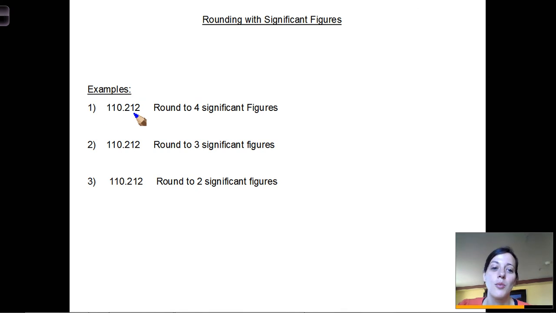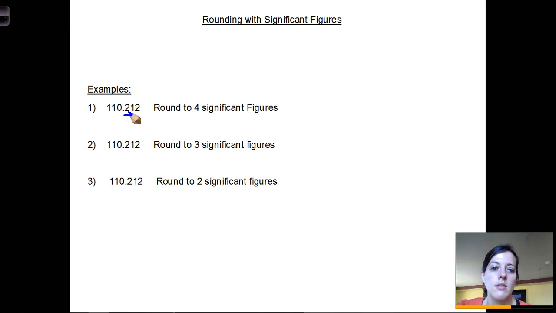We have 110.212. If we want to round that to 4 significant figures, counting from left to right, 1, 2, 3, 4, that's the last digit that can exist, because right now this number has 6 significant digits, so we need to get rid of those 2. So now it's just simply a matter of rounding.